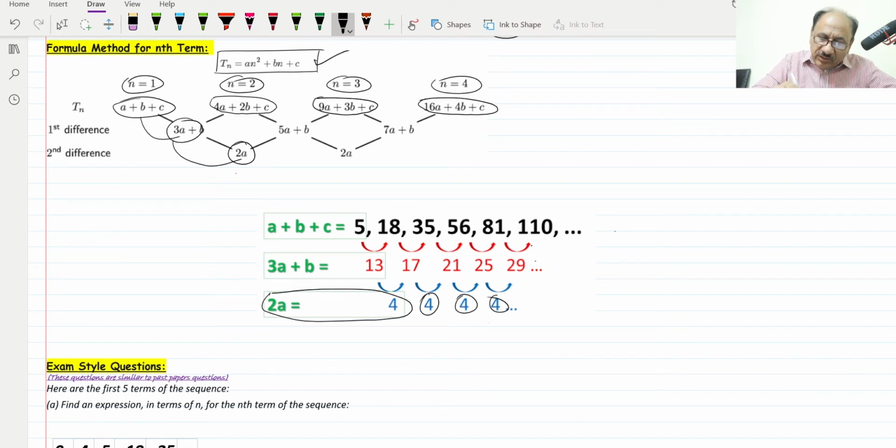And for the first difference we write 3a plus b is equal to 13. Similarly, the first term of the sequence will equal a plus b plus c.